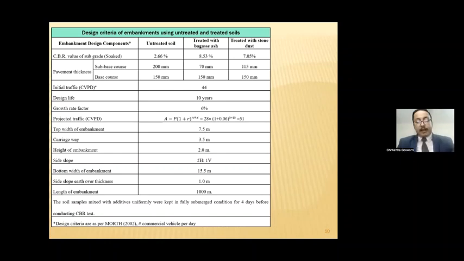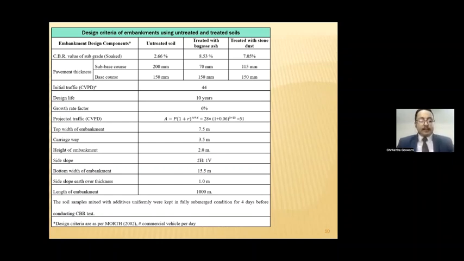The study I'm discussing was an attempt to estimate the cost of construction of pavement with and without additives. From the analysis, it was observed that using soil treated with bigaseous in pavement construction is more economic in comparison to untreated soil and soil treated with stone dust.